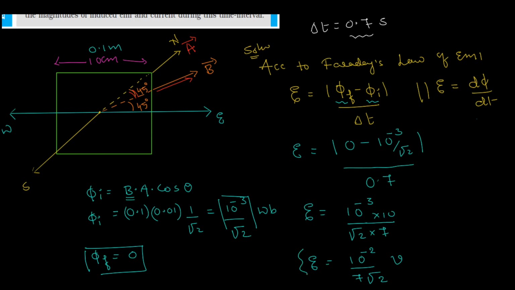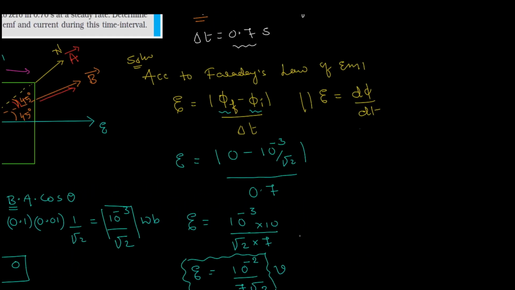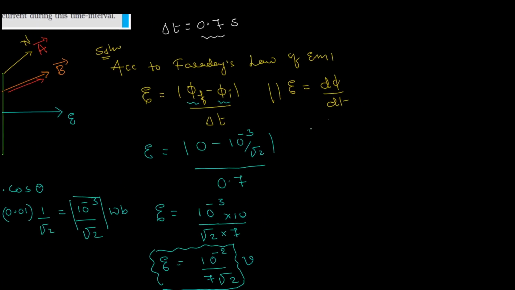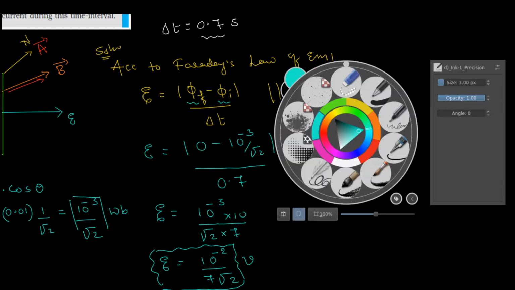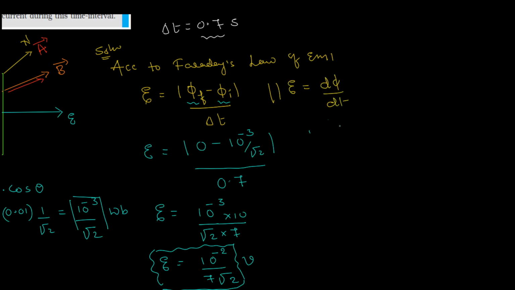So that is your EMF value. So the EMF across the loop developed is so much. Now for the current part, current is pretty simple, guys, right? Once you get the expression for EMF, all you can do is use Ohm's law and get the expression for current.